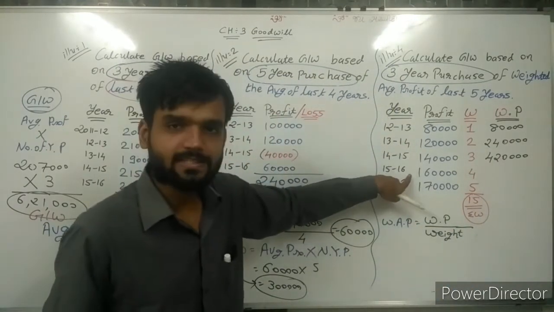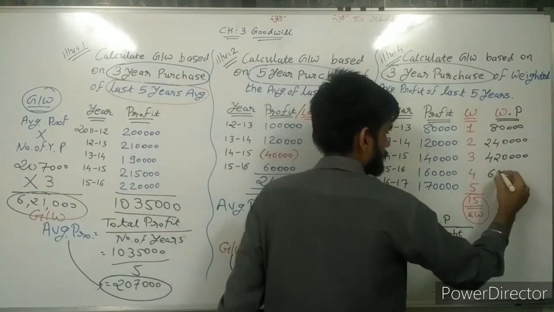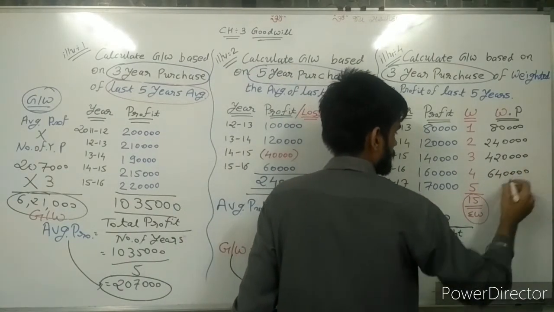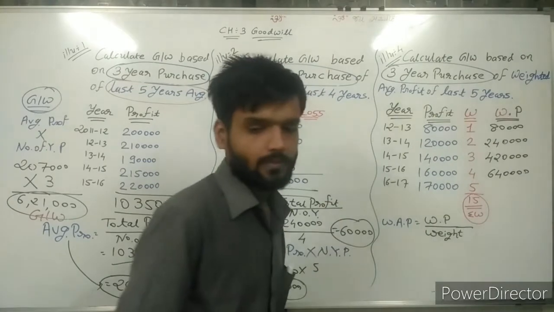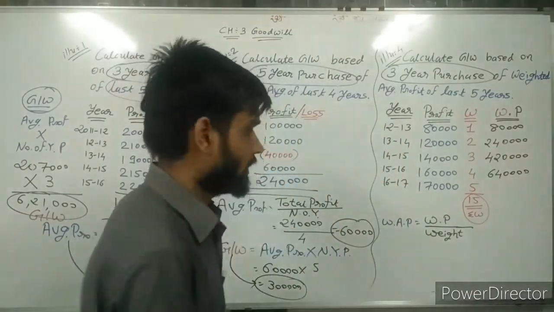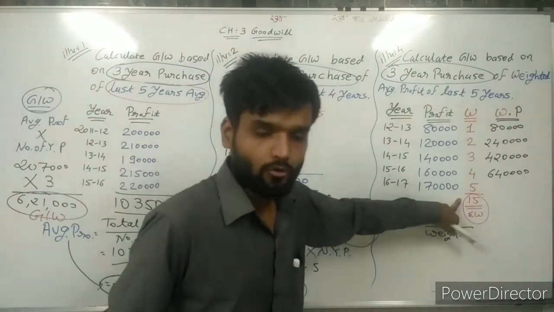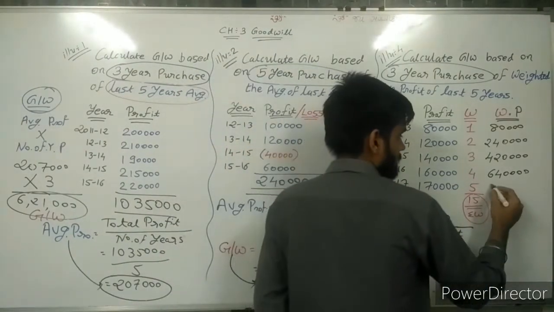Then 1,60,000 into 4. And for the last one, 1,70,000 into 5 is 8,50,000.